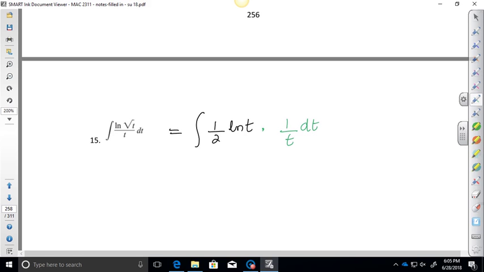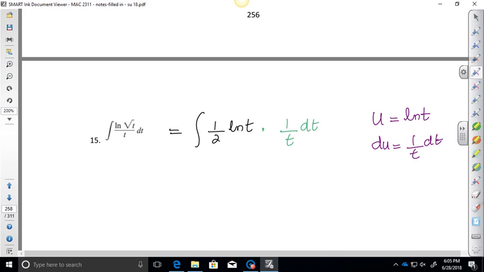So I can take u as ln of t. So du is simply 1 over t dt.